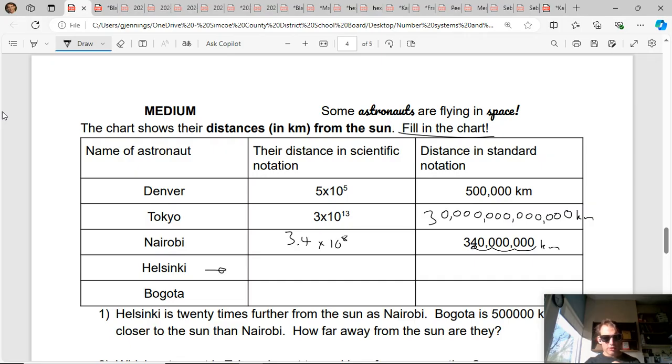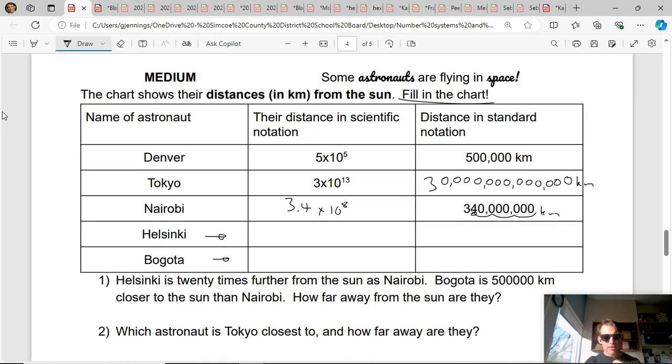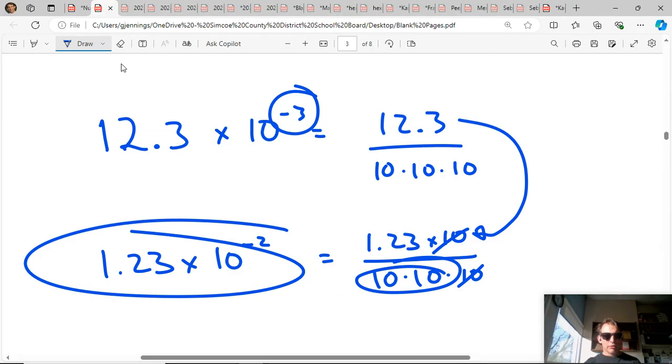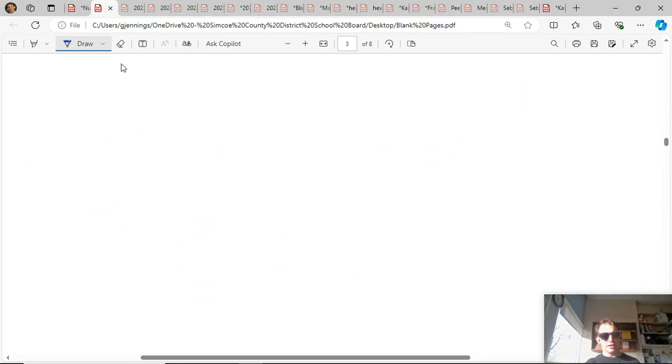Oh, what about these two? Helsinki is 20 times further from the sun as Nairobi. I see what you did there, Mr. Jennings. That would be 3.4 times 10 to the 8, because I figured that out, multiplied by 20.